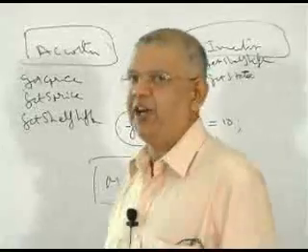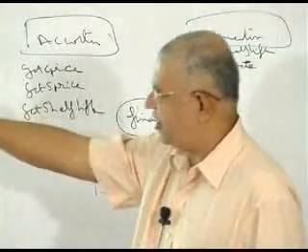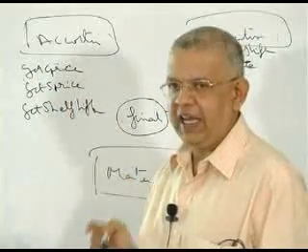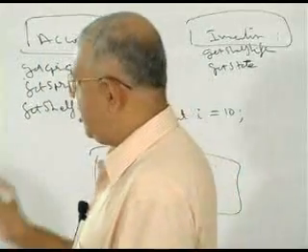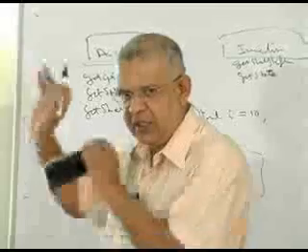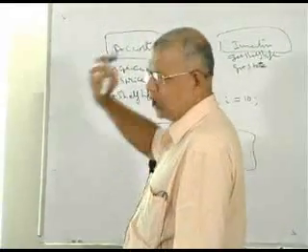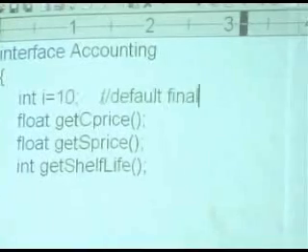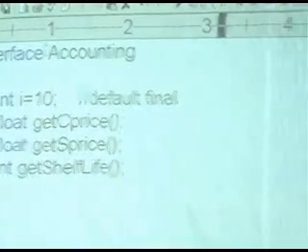That means it's not a variable, it is a constant. So this word final is inserted silently by the Java compiler whenever it sees a variable declared in an interface; it automatically makes it default final. So basically I is always final. If you put in any other variable, it also is final. This is very important to remember: any variable created in an interface automatically becomes final.